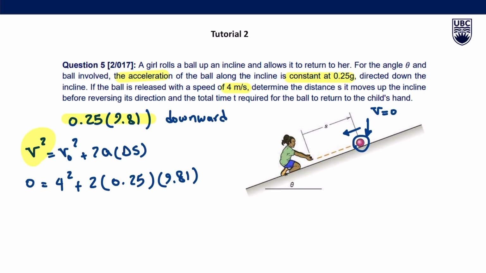No. This is not correct because we missed the negative sign here. It should be negative because it's downward, in the other direction. It's fighting against gravity. So you can solve this and you will find displacement is 3.26 meters.